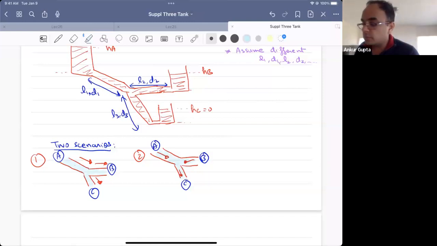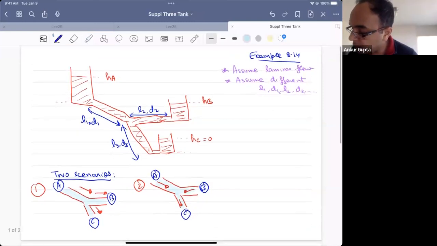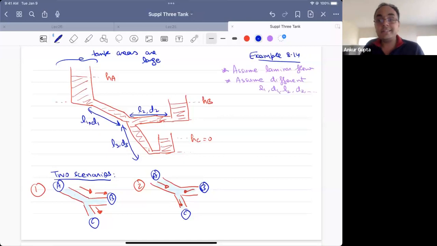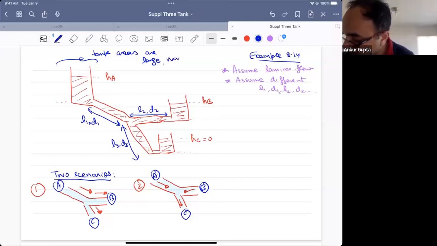Another thing that we'll assume, which we have done before, is that tank areas are large, and you will understand very soon why. The height is roughly constant in these tanks, so the water level remains approximately constant. You might ask how that can be possible. That is obviously an assumption.